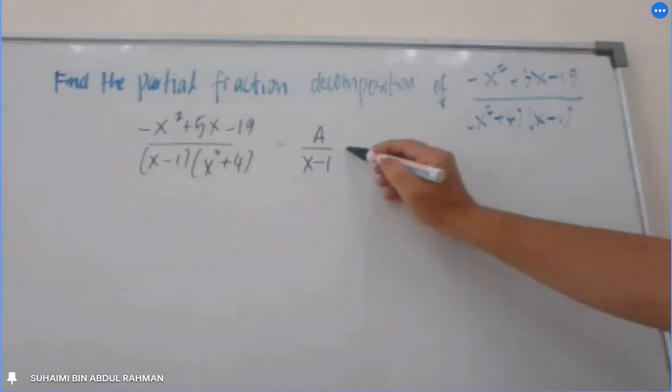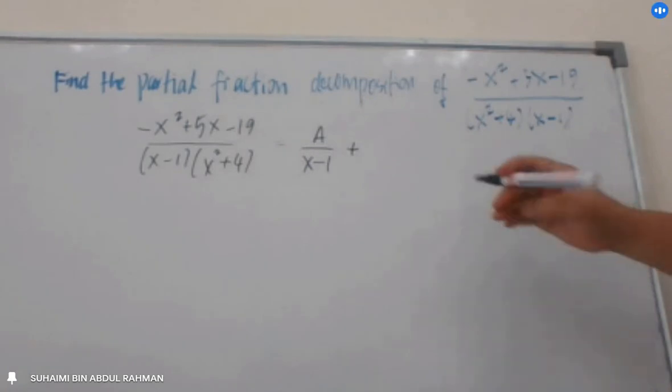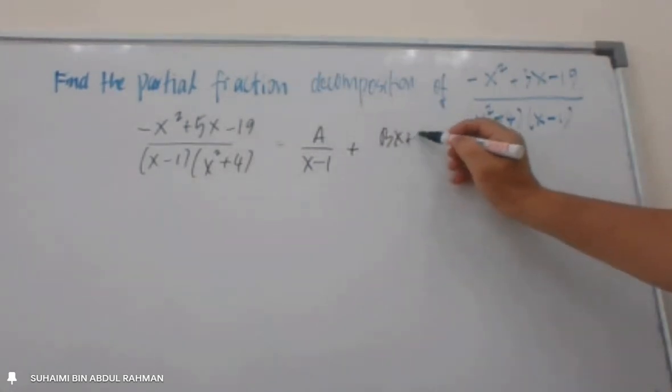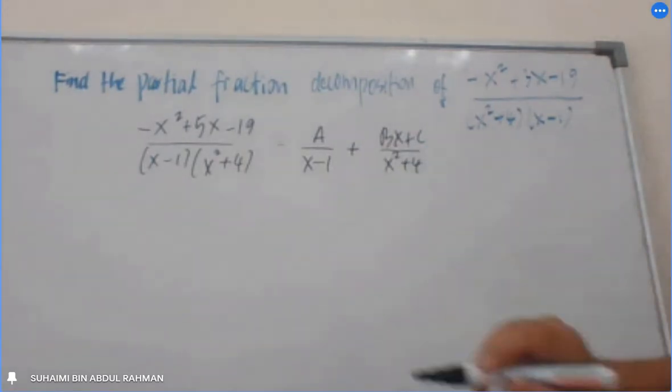Plus, which rule do we apply now? Irreducible quadratic: Bx plus C over x squared plus 4.